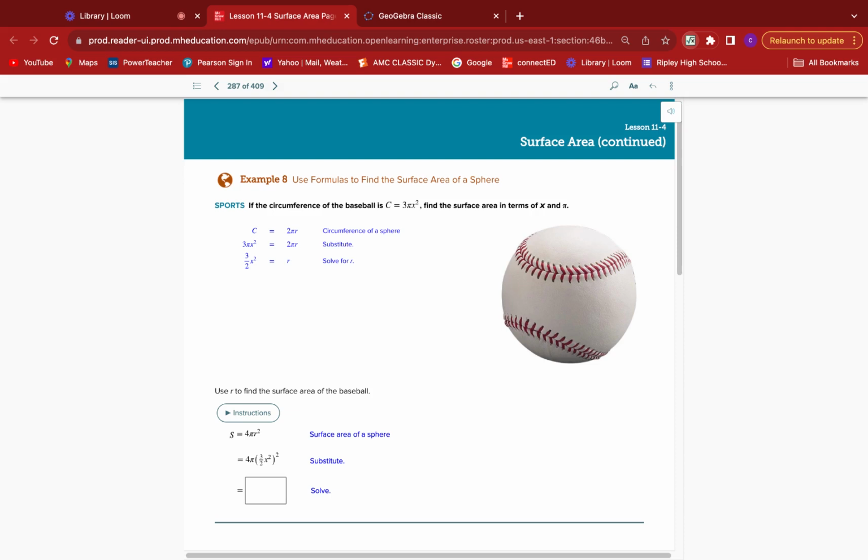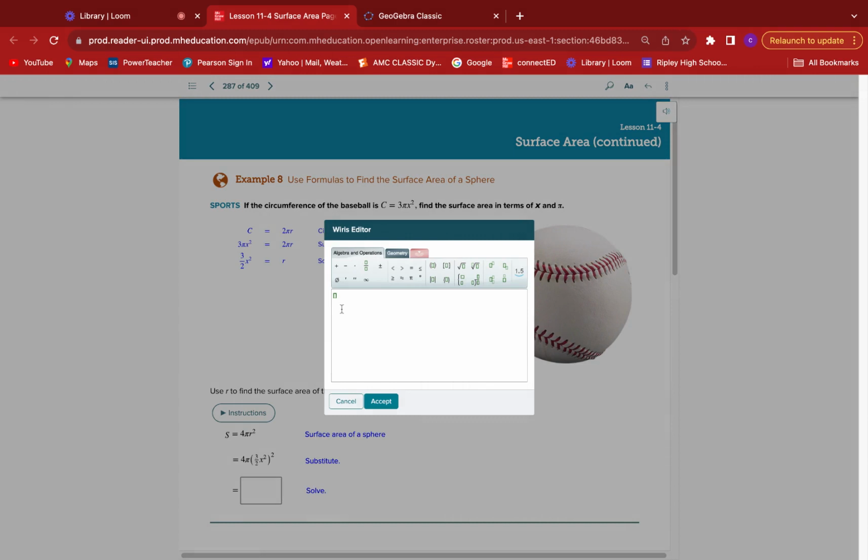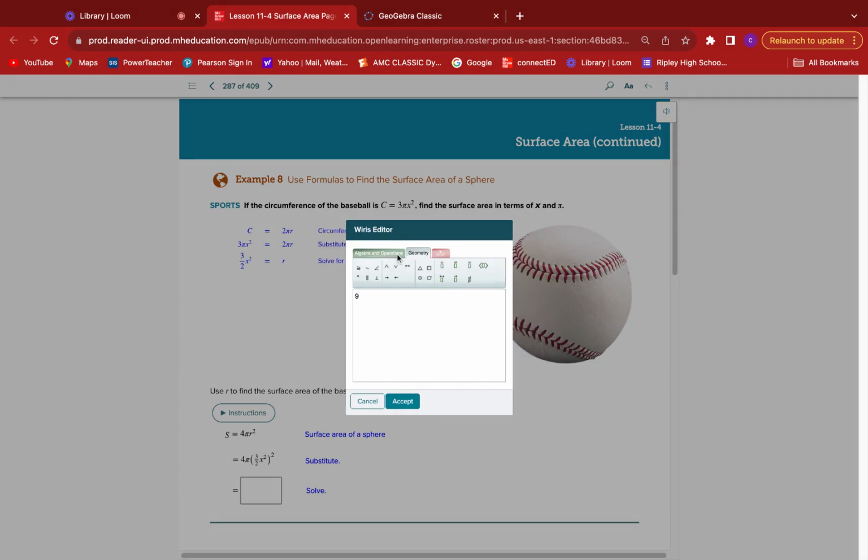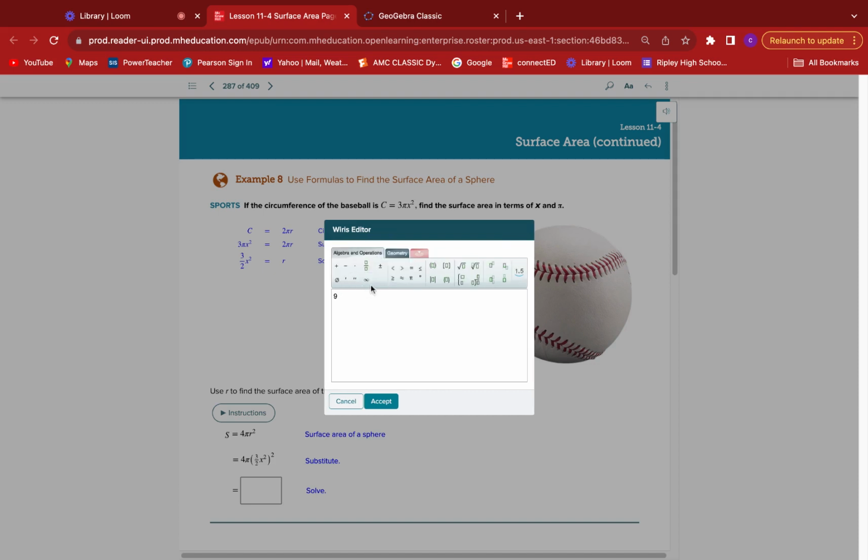Well, actually, the 4's cancel each other out, just leaving 9 pi x to the 4th. 9 pi x to the power of 4.